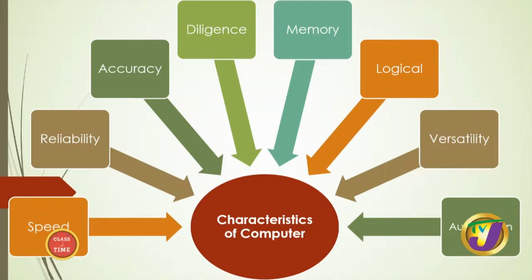And automation means that the computer can work on its own. Once it is given the correct information, you can even preset activities that you would want the computer to do, and at the specified time, the computer will get it done. So these are some of the characteristics of a computer system.